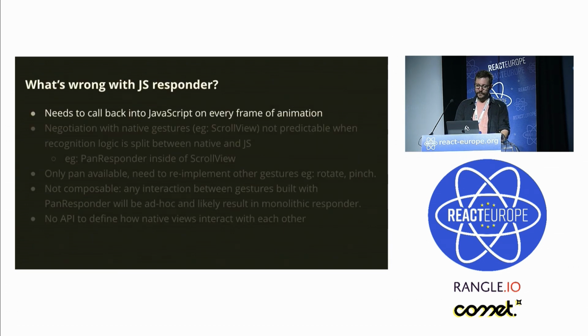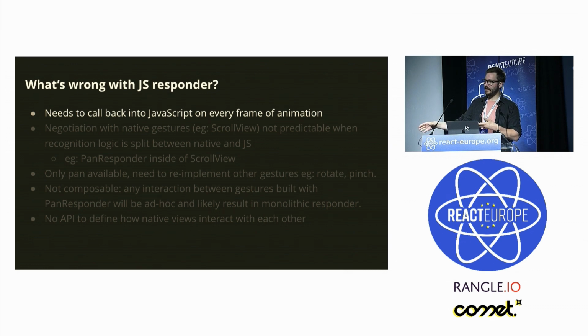So we can jump right from there to saying, what's wrong with this? The first thing is that you need to call back into JavaScript on every frame of an animation or on every frame of a gesture. So anytime you have a touch event, like we saw before, touch down, touch move, and up, anytime that you move your finger, we need to dispatch that event to the JavaScript thread. The JavaScript thread has to find who's responsible for it.